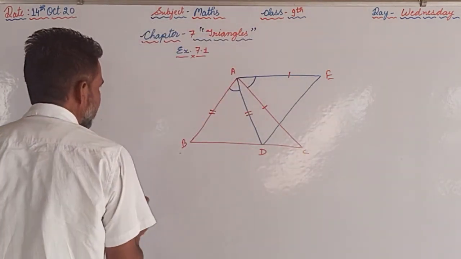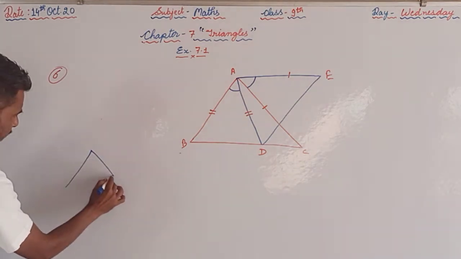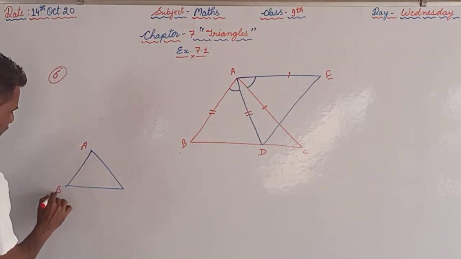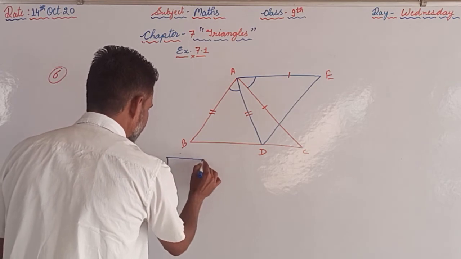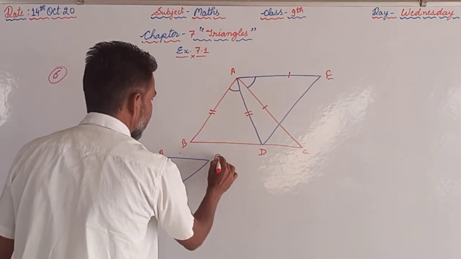So what I will do, I will make two separate rough diagrams of that, that is ABC, and the rough diagram of that second triangle is like this, that is AED.